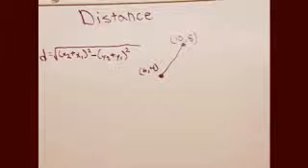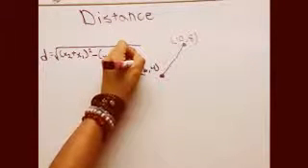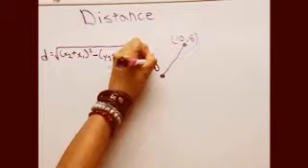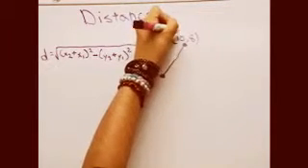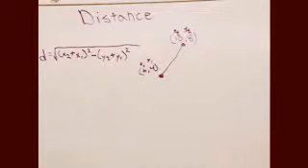Okay, so I have an example for us, and it's right there: 6, 4 with 10, 8. So I'm going to label these our x1 and y1 and x2 and y2. Ta-da!